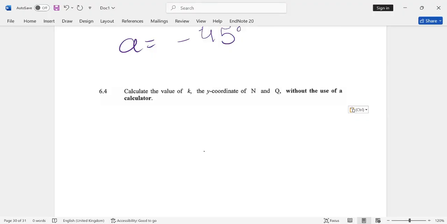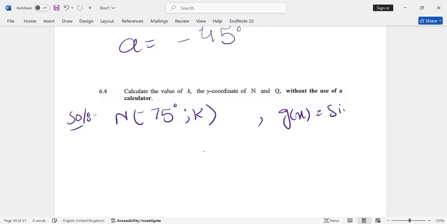You know that the coordinates of N are (-75 degrees, k), and k is on the graph of the function g(x) equals sin 2x. So we put x equals -75 degrees.